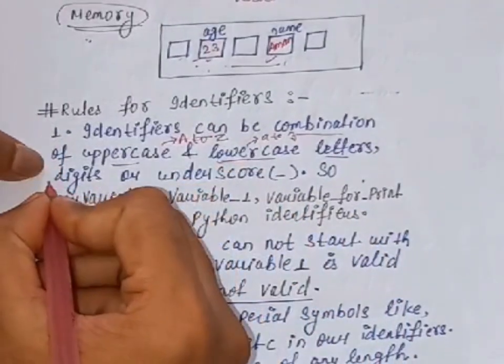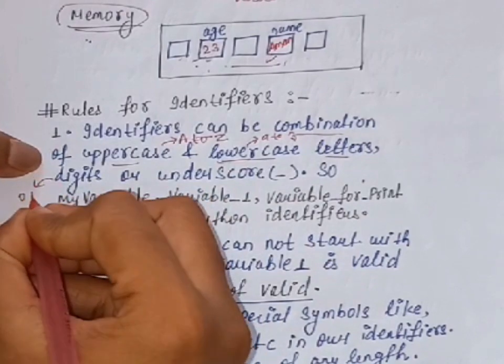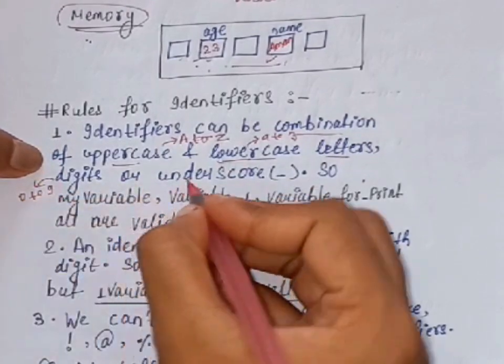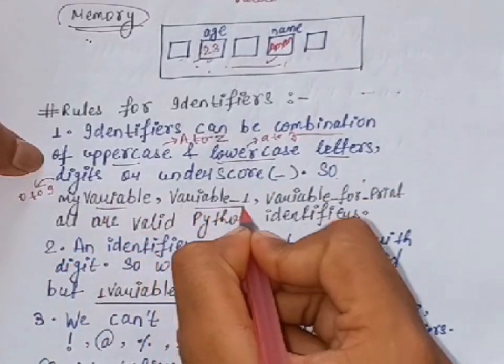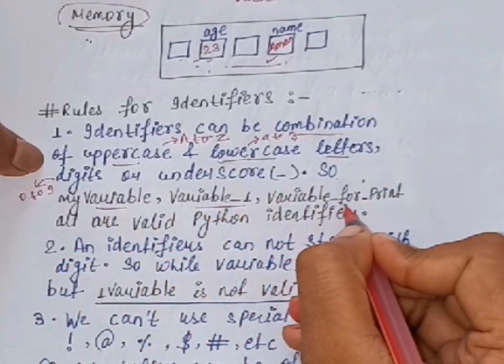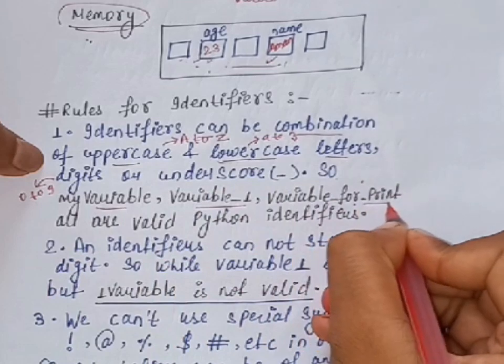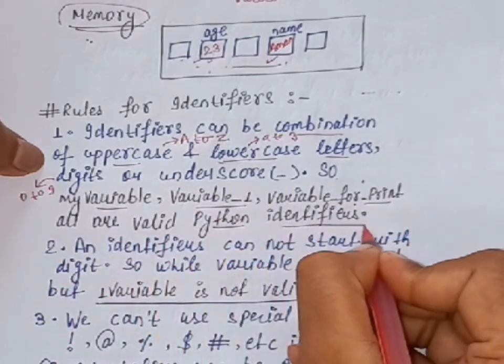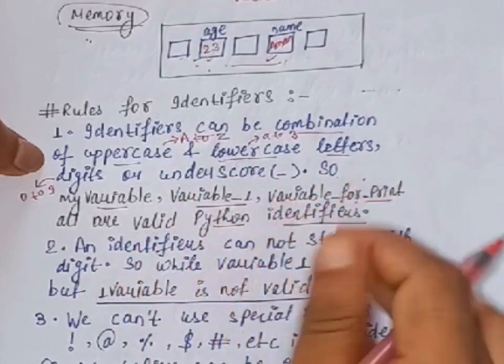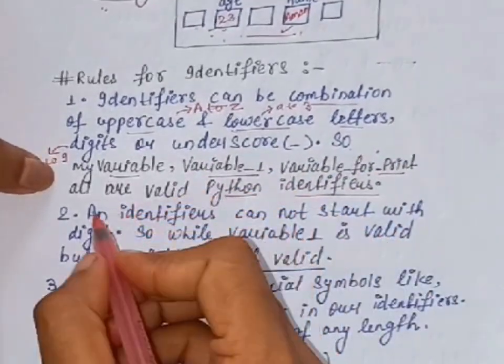Digits, we can use digits also, 0 to 9, or underscore. So my_variable, variable_1, variable_4_print, all are valid Python identifiers. We can use all these identifiers in Python which are valid.